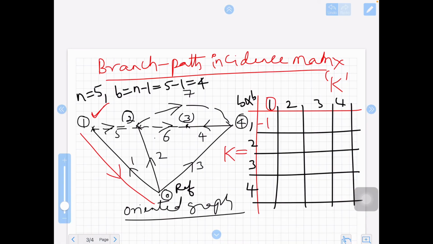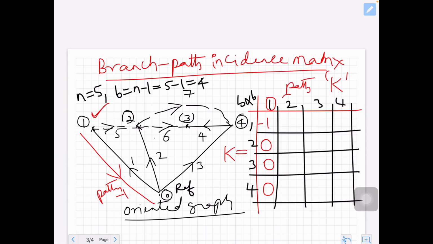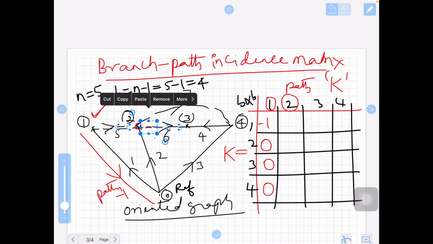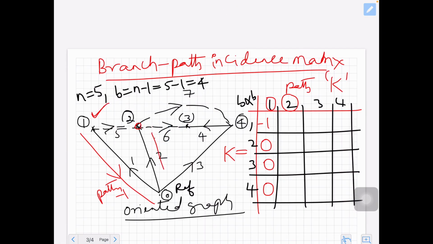So for path 1, it involves only one element; the second, third and fourth branches are not included. Next we will consider the second path, from the second node to the ground.